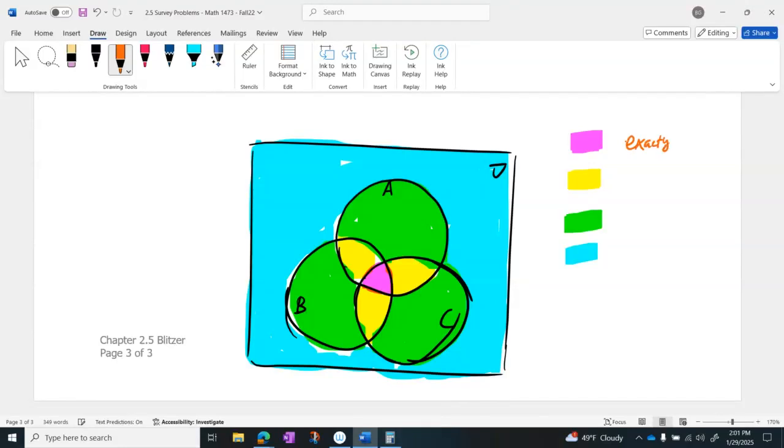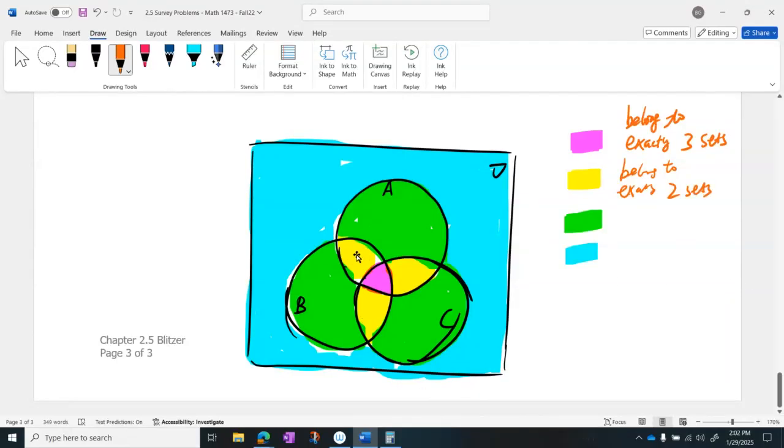In other words, the pink region has elements that belong to A and B and C. And the yellow region, the 3 petals, together include all the elements that belong to exactly 2 sets.